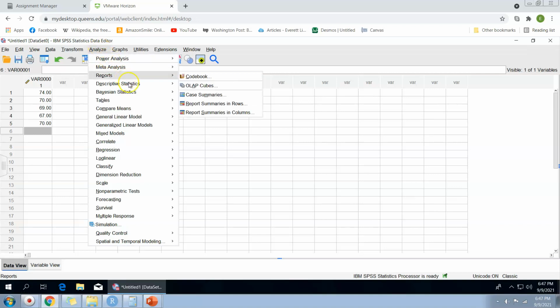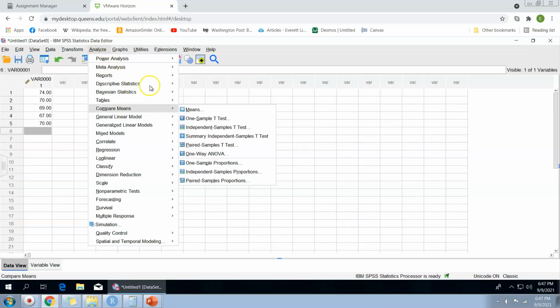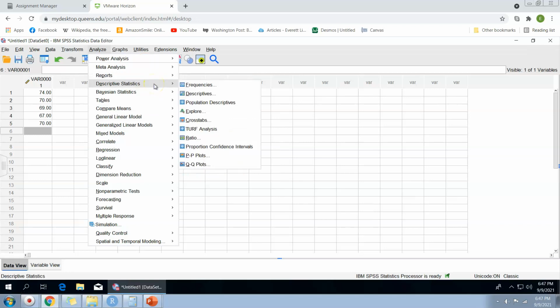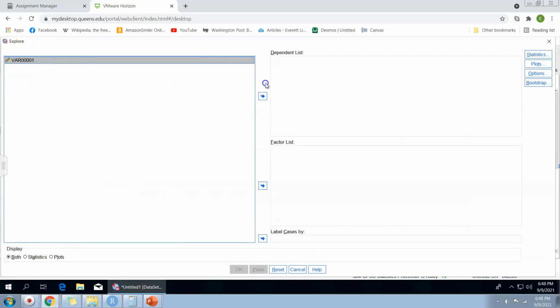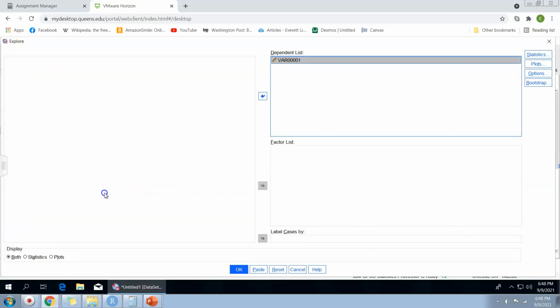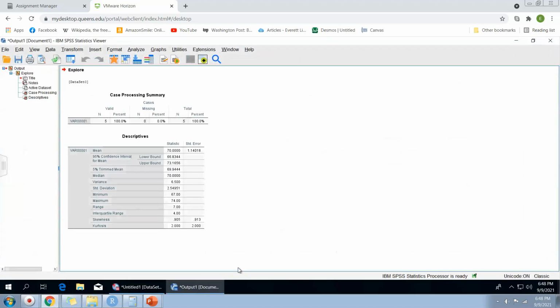So that's under analyze, descriptive statistics, explore. And we're going to take our variable and move it over to dependent list. And we're still only interested in statistics. And we'll click OK. And so this tells us that our mean is 70, that our standard deviation is 2.5495. This tells us our variance is 6.5, which is what we found, and our range is 7.